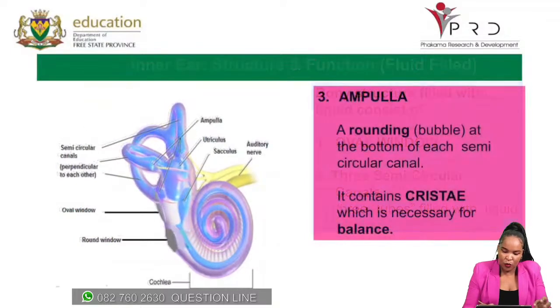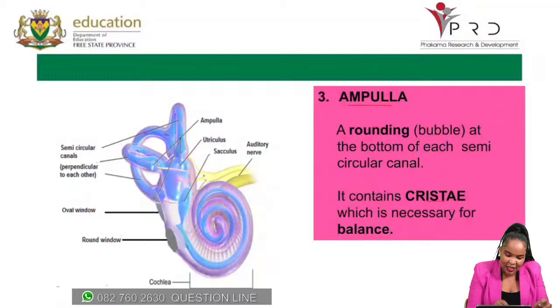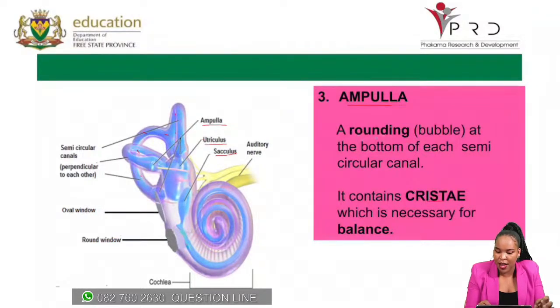And then you also find the ampulla and the cristae. The semicircular canals have the ampulla and the cristae. Those are the receptors that you find in your semicircular canal. The round bubble at the bottom of each circular canal is called the ampulla.